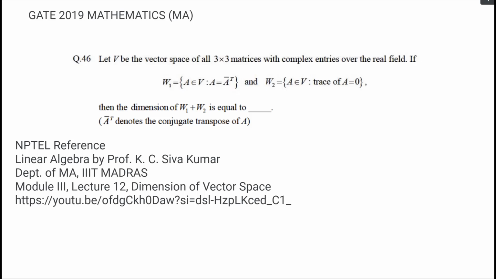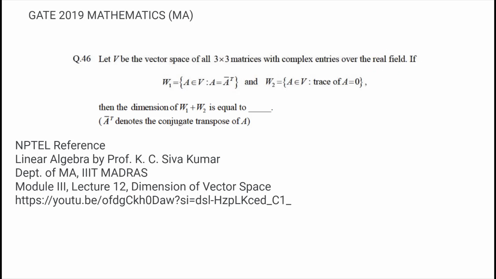Yes, the problem is from GATE 2019 mathematics paper, question number 46. Let V be the vector space of all 3 cross 3 matrices with complex entries over the real field. Here the field is important, it is the real field.